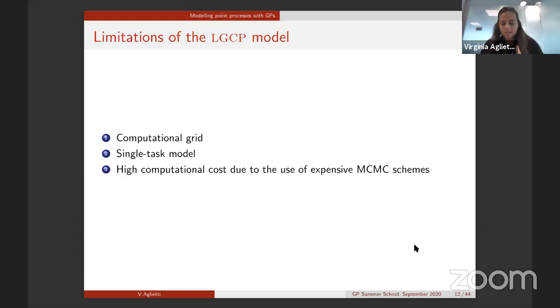By single task, I refer to the idea of considering only one output, one task, or one intensity function that we want to estimate, while, as we said before, we would like to have a model that jointly considers different processes. Another limitation is that, although this is not always the case, inference in this type of model generally proceeds with expensive MCMC sampling schemes, for which the inference is not scalable.